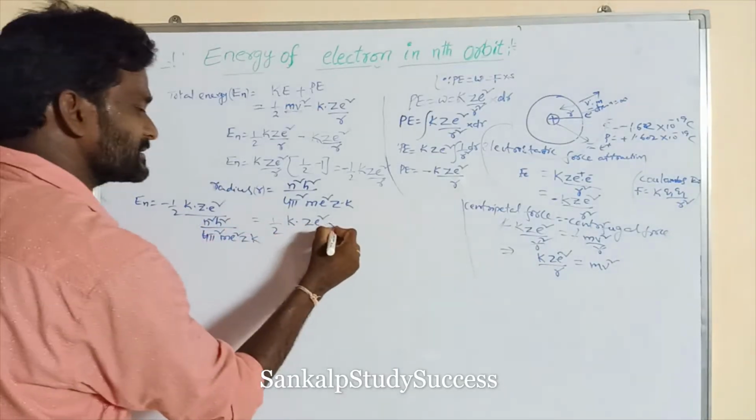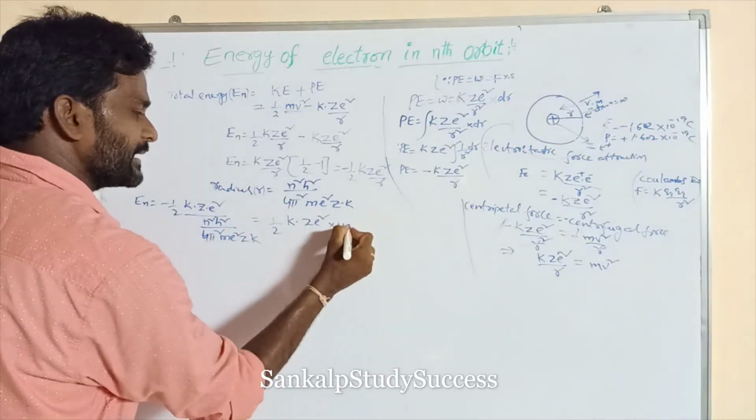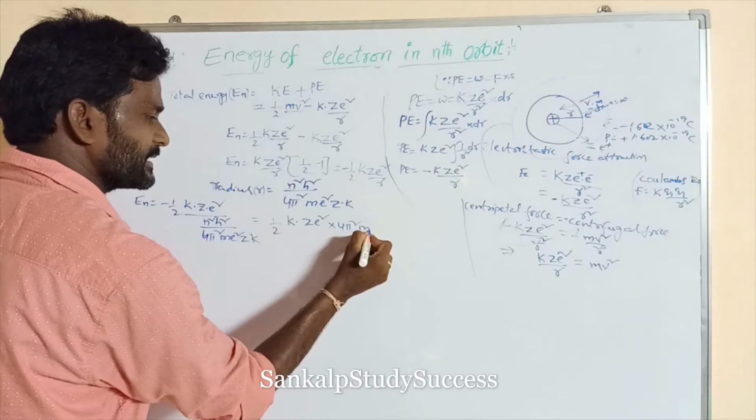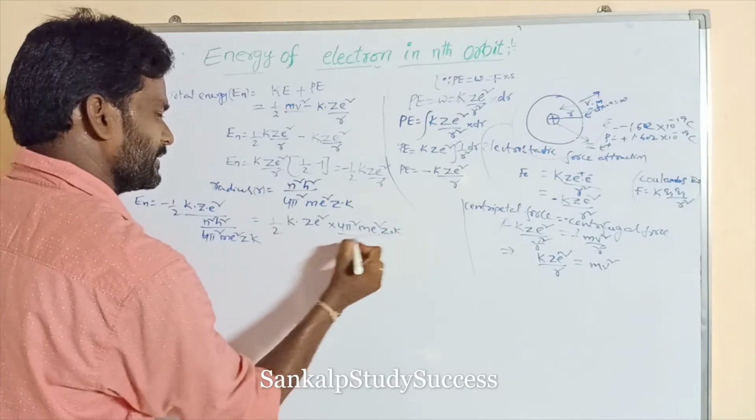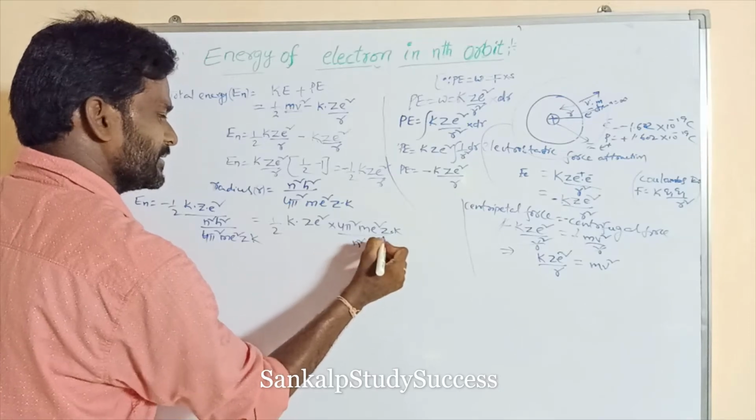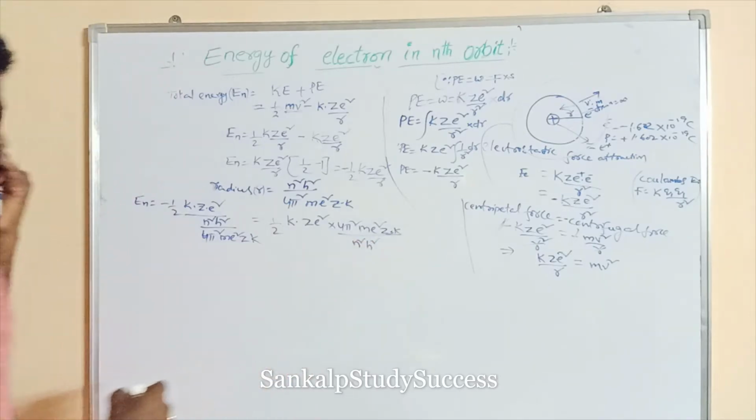This can be written as 4 pi square m e square z k by n square h square.